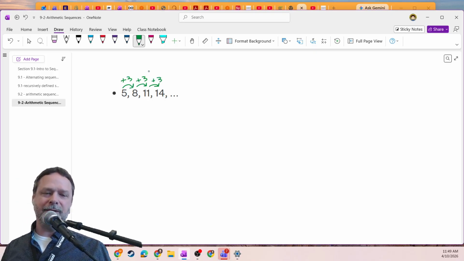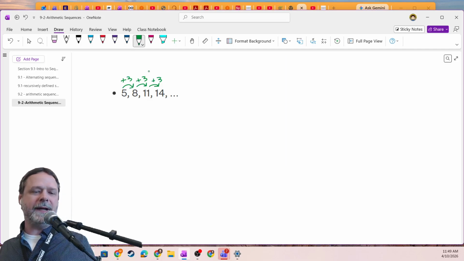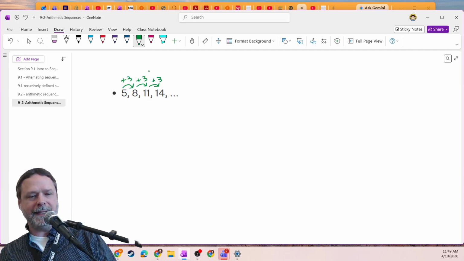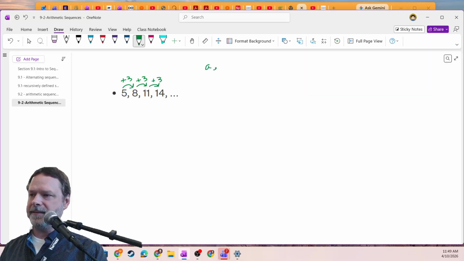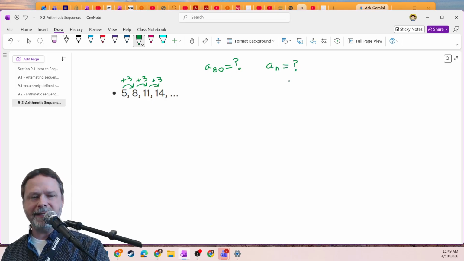No, I don't want to do that. I would rather have an explicit formula and just plug in 80. So if I wanted a sub 80, the 80th term, it would be much easier to have a sub n equals, a nice explicit formula for it.